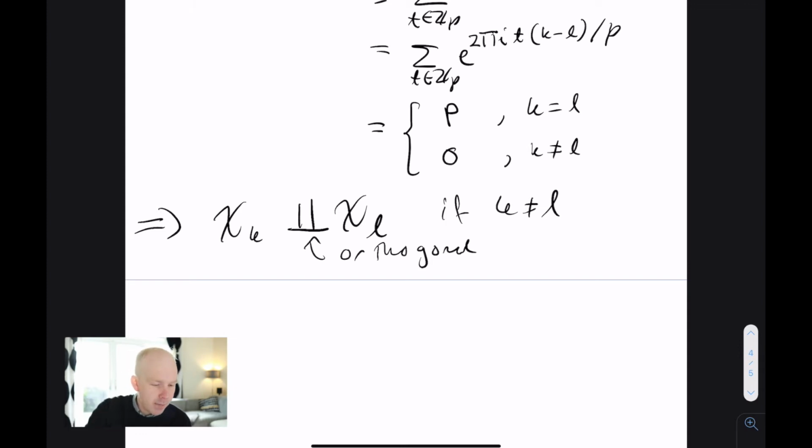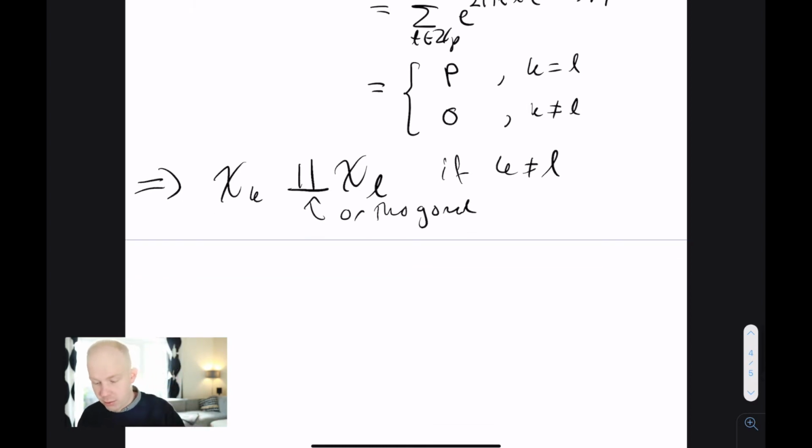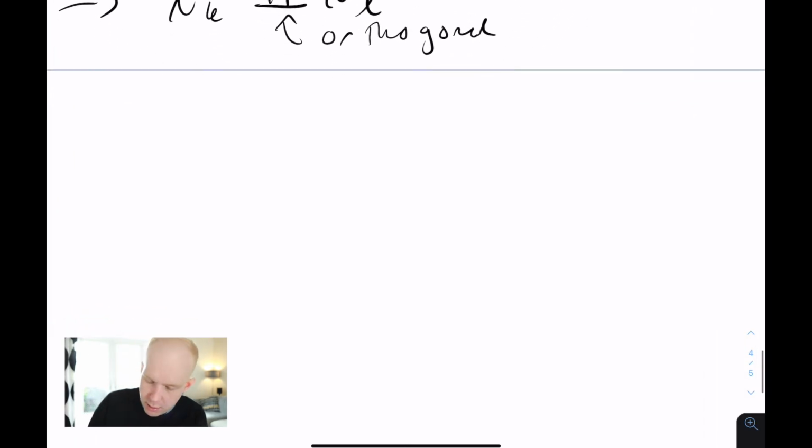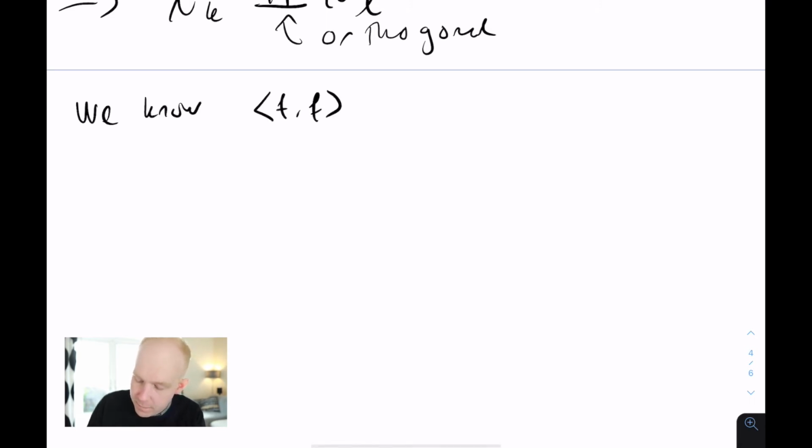And now the final thing that I wanted to talk about today is the connection between the inner product and L2 norms. We know that if you take the inner product of f with the same function f, this is the L2 norm, actually the square root of this.